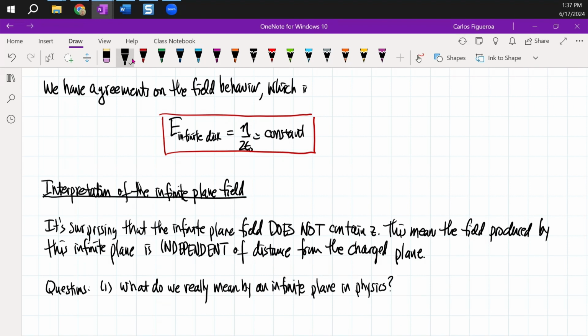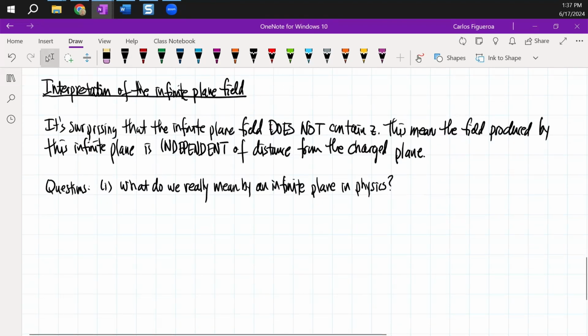You can't go to the store and buy one. You can't go and look for one because they don't exist. So they have to have some realistic definition.